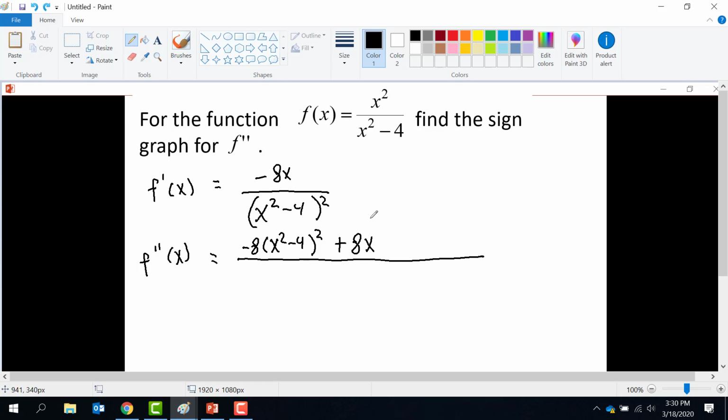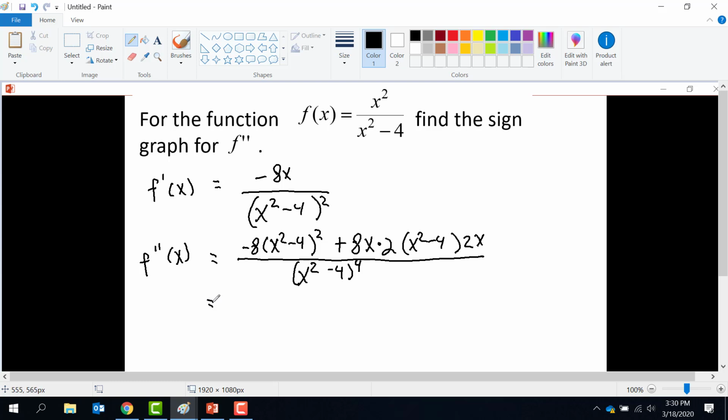The derivative of the denominator is a composition. Bring down the exponent, 2, take 1 away from the exponent, 1, same inside, x squared minus 4, times the derivative of the inside, 2x. And then we get the denominator squared, x squared minus 4, now to the 4th power.